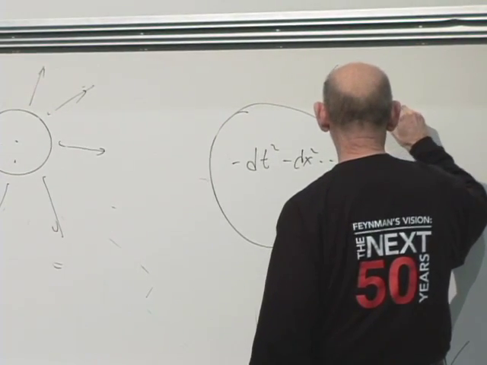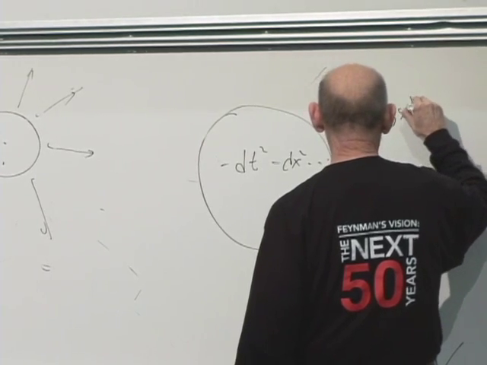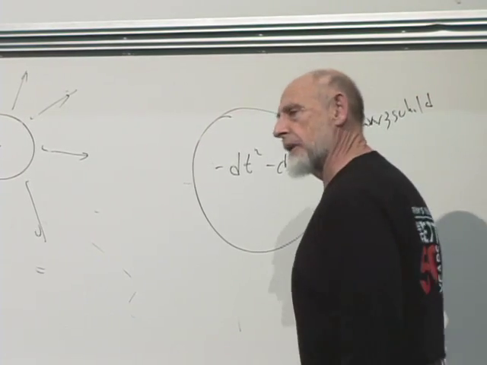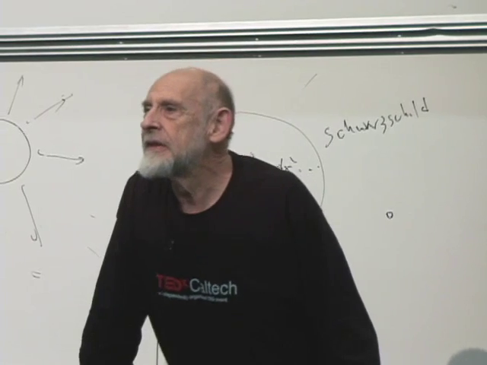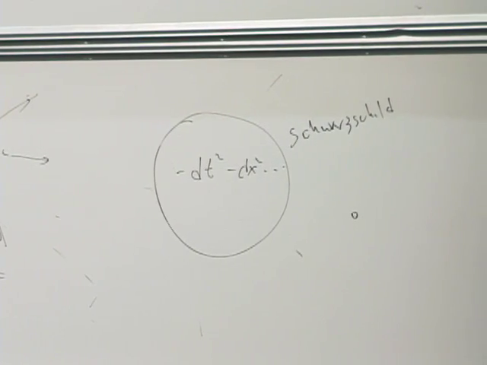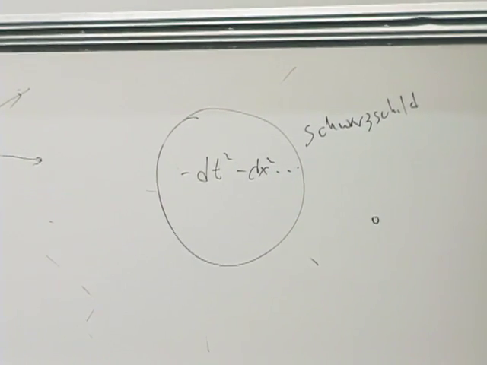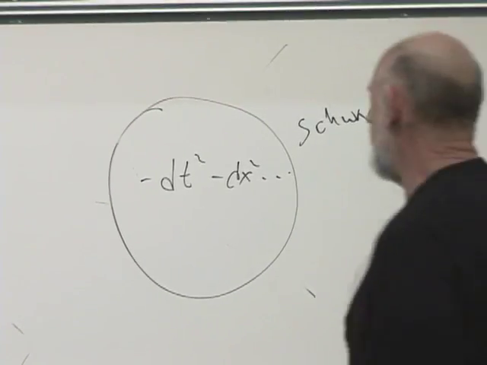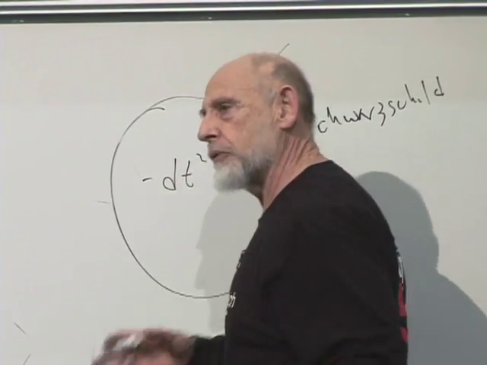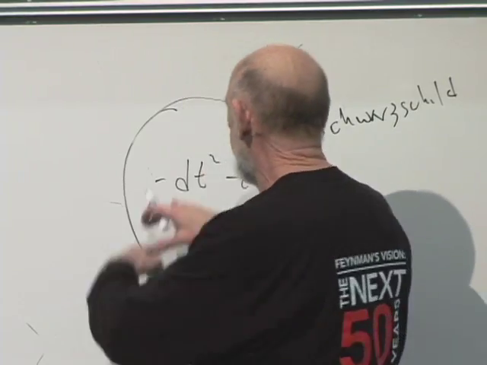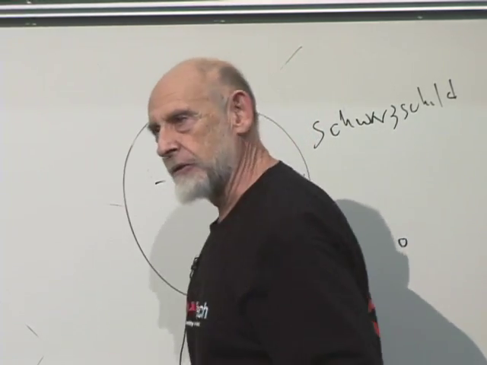I'm not going to write it. I think I could have written the metric faster than I could have written Schwarzschild. In other words, we piece together two things, both of which we know very well, connected together by a shell.